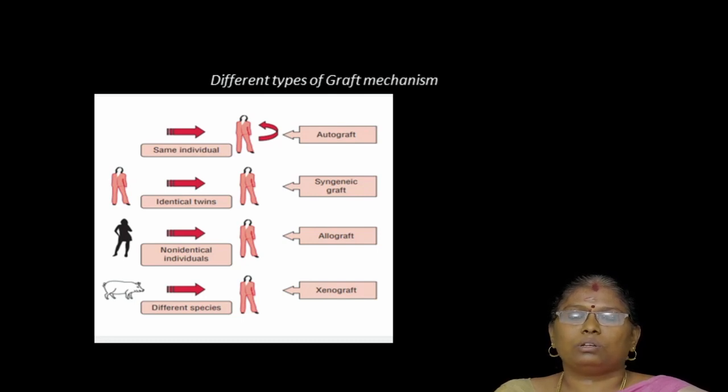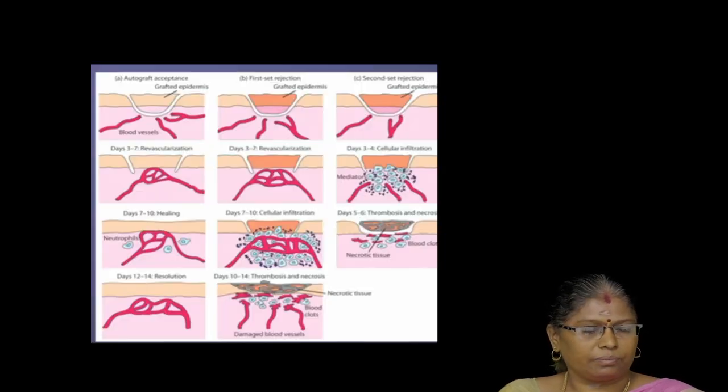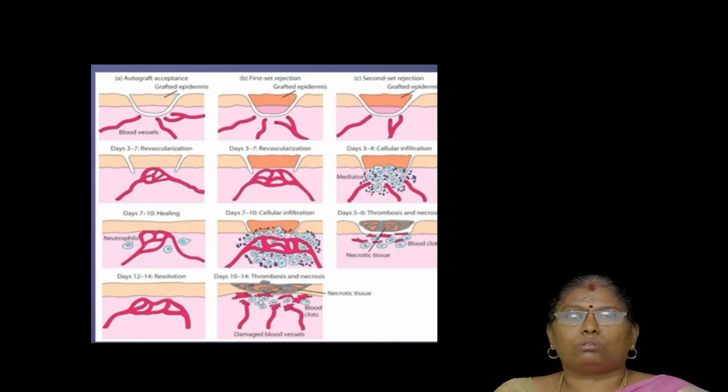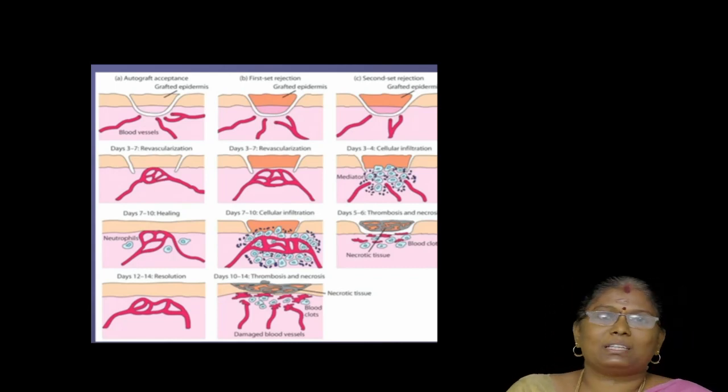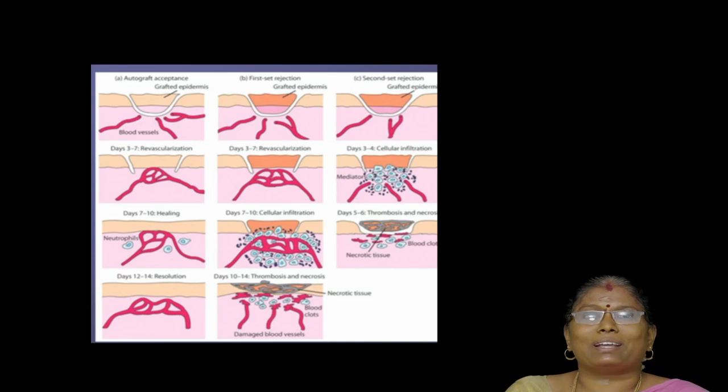Autograft is the transfer within the same individual. Isograft is the transfer between identical twins, allograft is the transfer between non-identical individuals, and xenograft is the transfer carried out between different species. This picture represents autograft acceptance and allograft rejection mechanism.